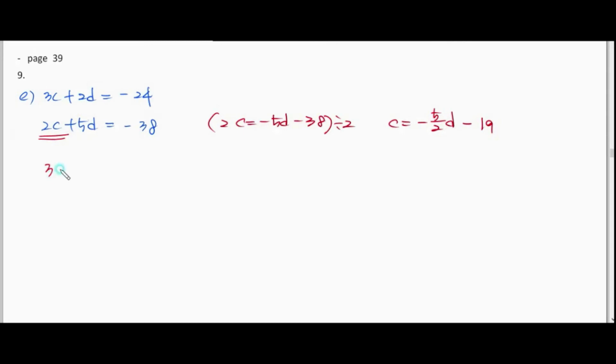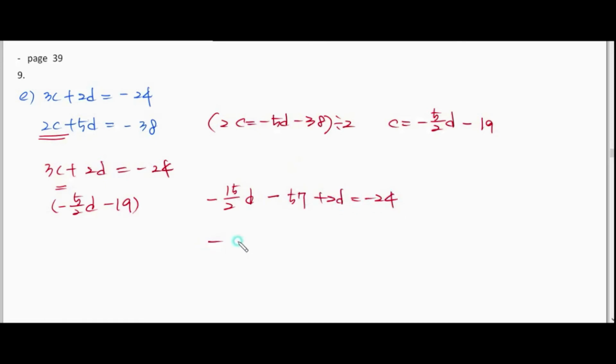So 3c plus 2d equals 24, with c as negative 5 over 2 d minus 19. Writing this down, negative 15 over 2 d minus 57 plus 2d equals negative 24. Then negative 11d equals 33, with negative 57 moved over.